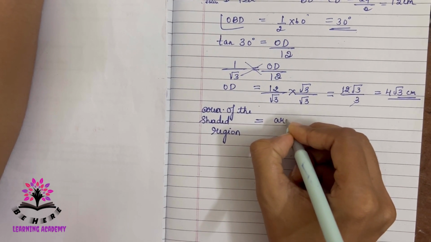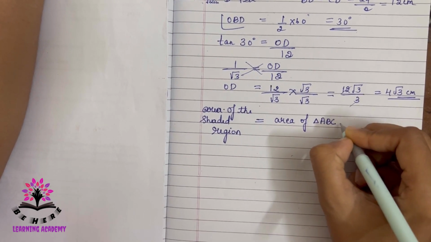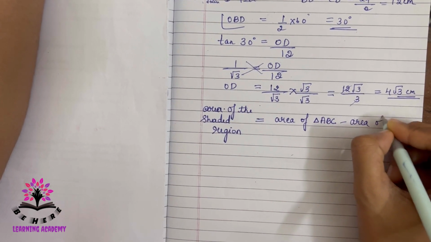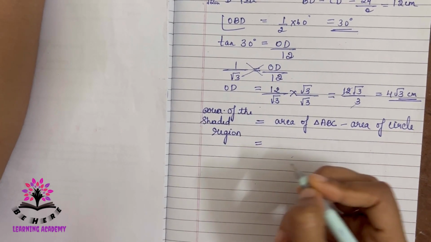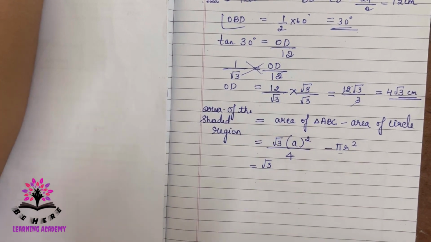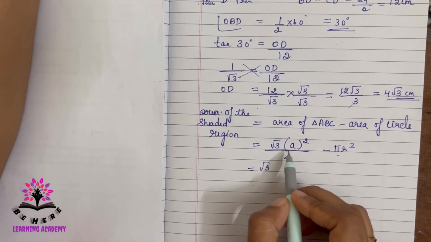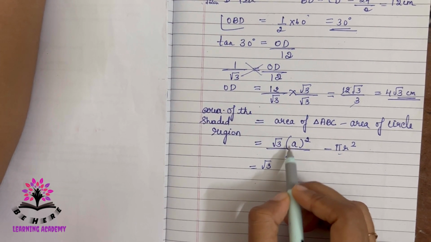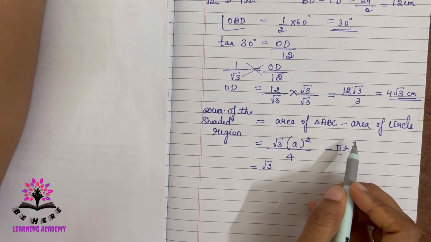So area of triangle ABC minus area of circle. So let us apply the formula here. Area of triangle ABC, it is an equilateral triangle. Since it is an equilateral triangle, the formula will be root 3, side I considered as term a, a square divided by 4, and area of the circle is pi r square.